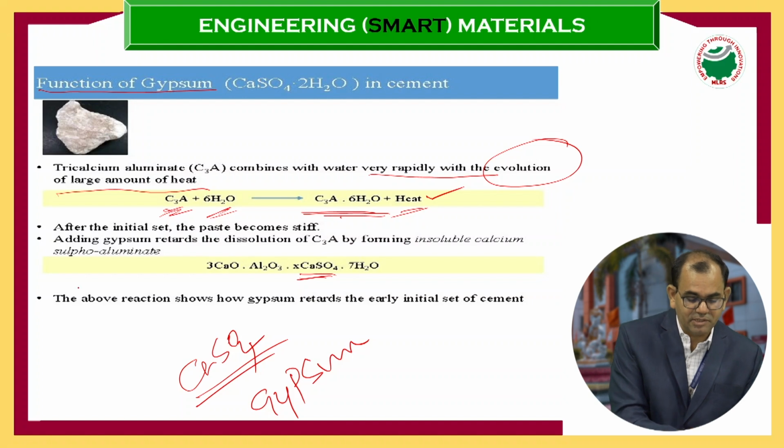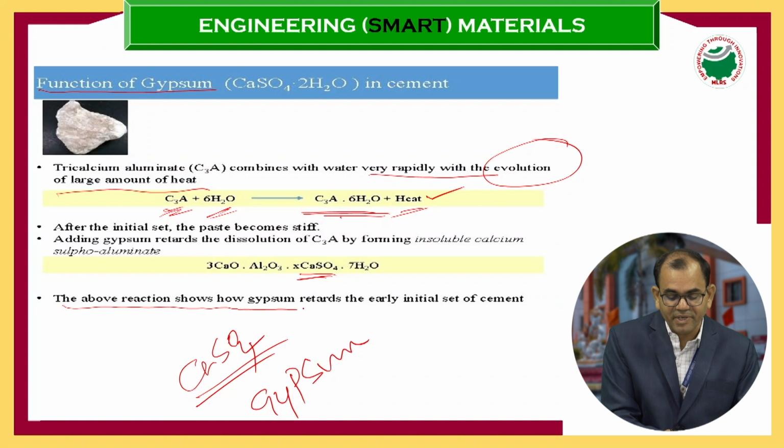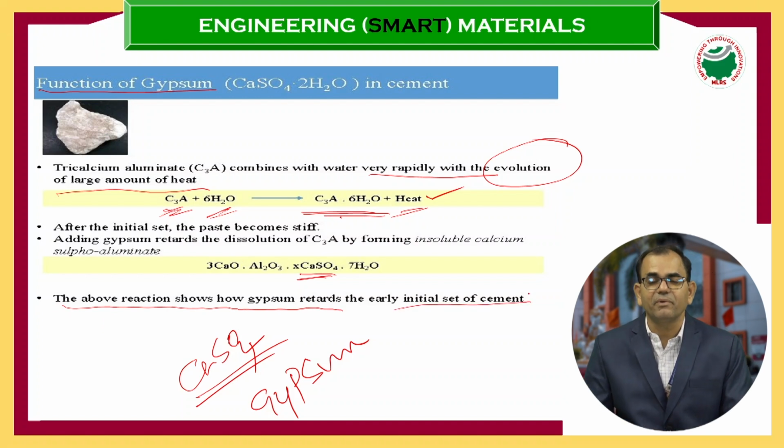Here we can see the above reaction shows how gypsum retards the early initial set of the cement. Retardant property is nothing but which avoids faster setting or quicker hardening of the cement. Okay, that is the gypsum function.